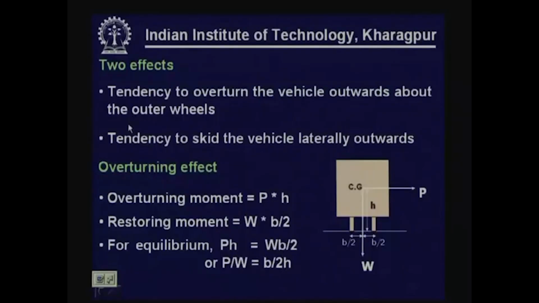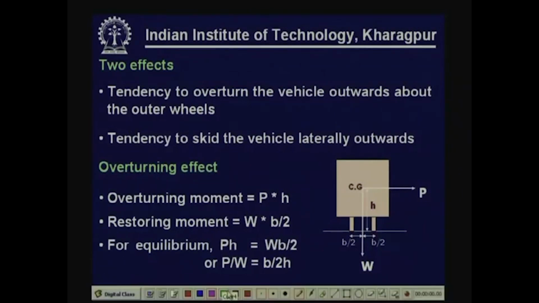Both effects may have unwanted consequences in terms of safety. So, the effects are the tendency to overturn the vehicle outwards about the outer wheel, and the tendency to skid the vehicle laterally outward. These are the two effects.